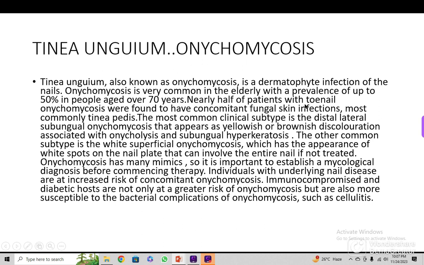Nearly half of the patients with toenail onychomycosis were found to have a concomitant fungal skin infection, most commonly tinea pedis. The most common clinical subtype is distal lateral subungual onychomycosis that appears as a yellowish or brownish discoloration associated with onycholysis and subungual hyperkeratosis.